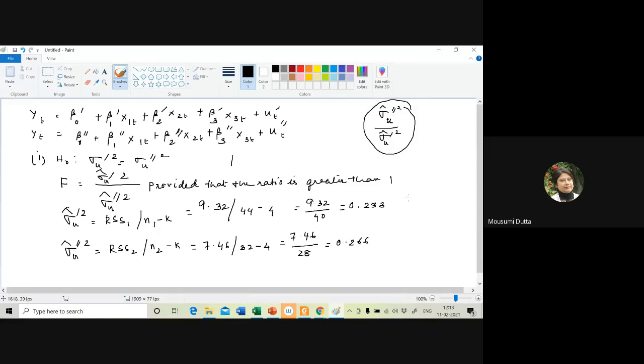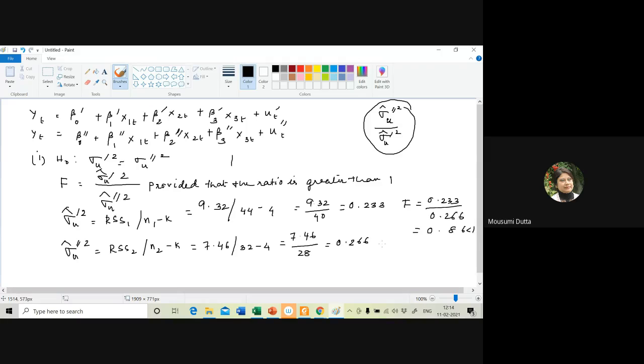So consider the ratio and check whether it is greater than 1 or not. What is the value? 0.86. So it is less than 1.